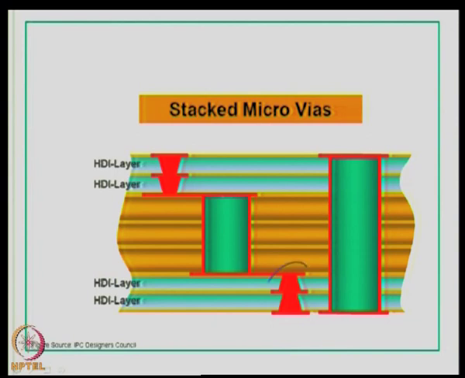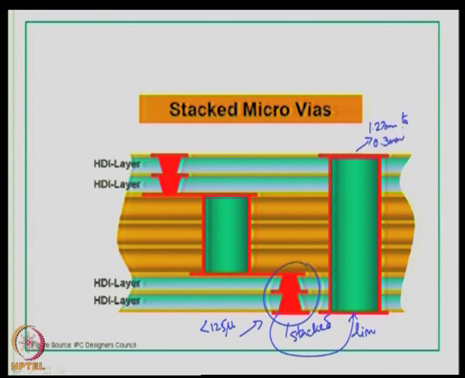So, here again you can see this is stacked one on top of the other, which actually resembles something like this, but the dimensions are very small. In this case, it is less than 125 micron, whereas this could be anywhere from 1.27 mm on the lower side to 0.3 mm mechanical drilling. Okay. So, this is again an example of a stacked micro via configuration. So, you can expect these kind of configurations in a BGA or a CSP.